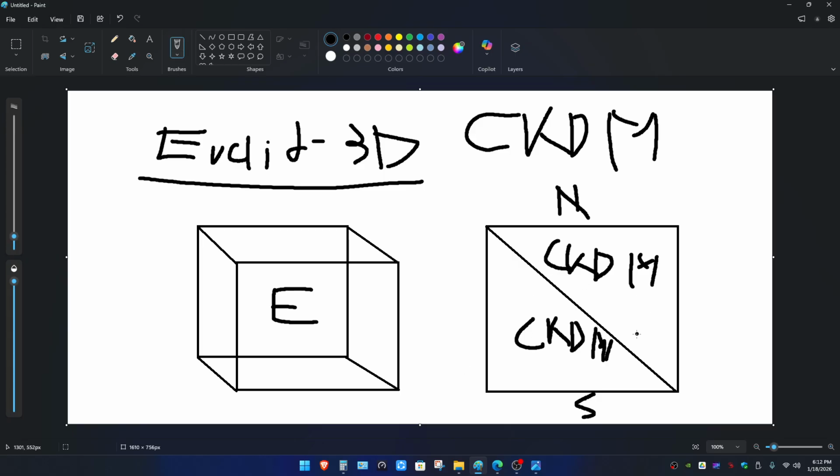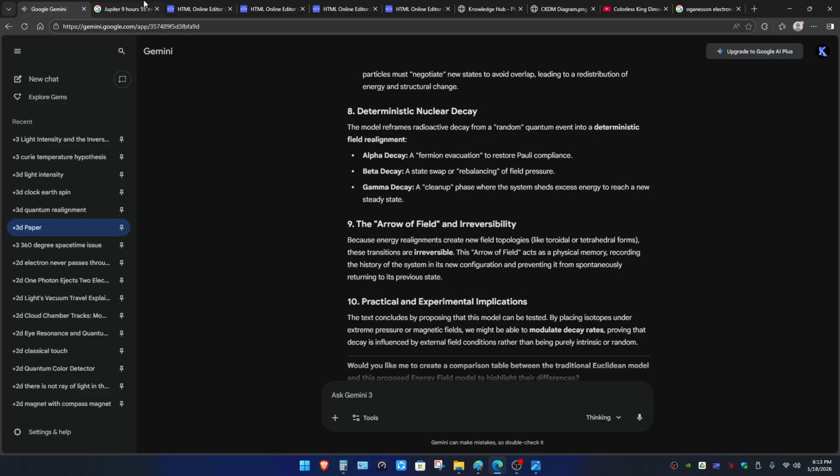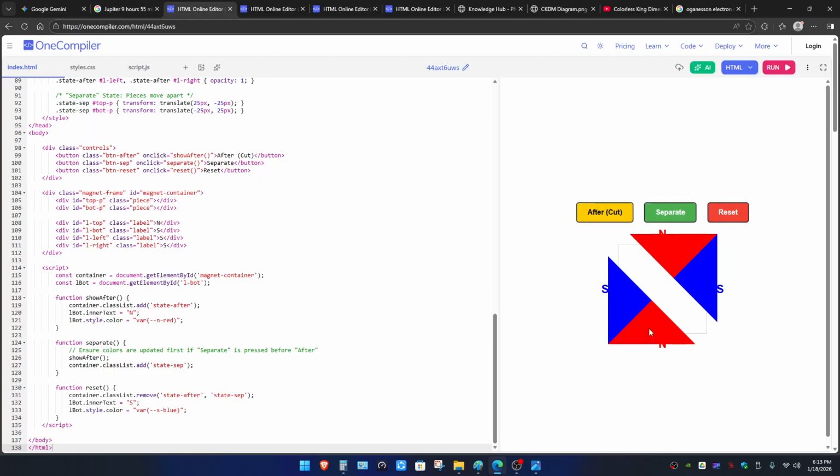But in the CKDM, if the box is extremely magnetic and we break just one part of it, it will become magnetic in the opposite way, and in order to get attached to each other again, it must now flip in the opposite direction in order to get attracted. This is exactly what my model is showing here.